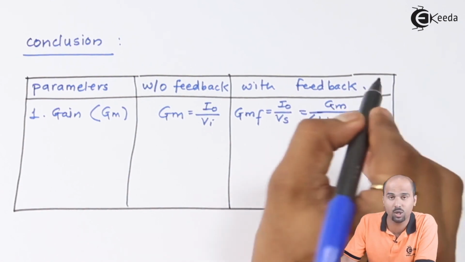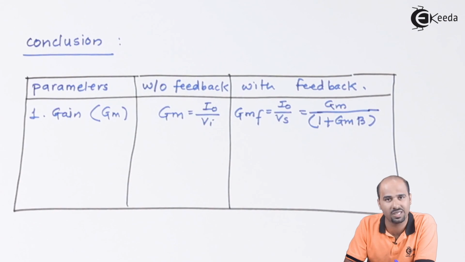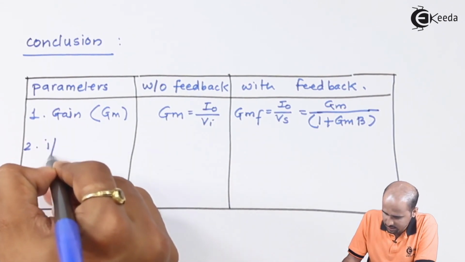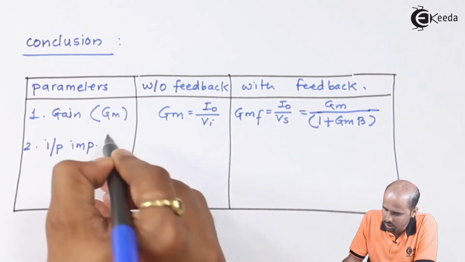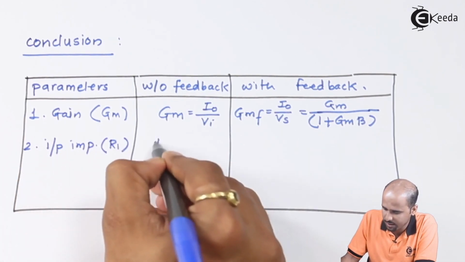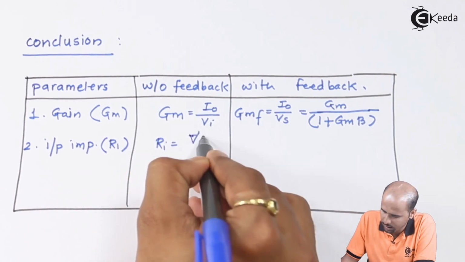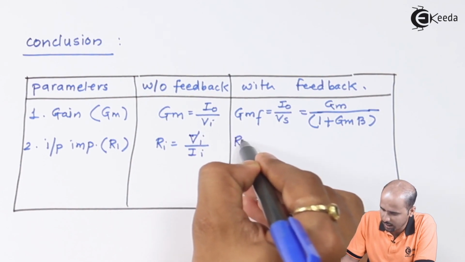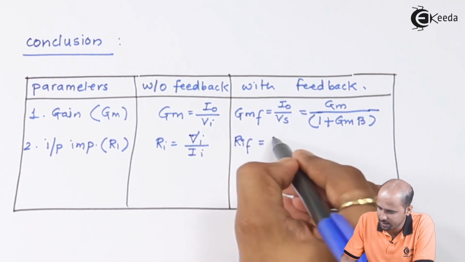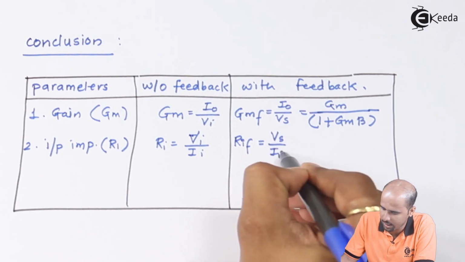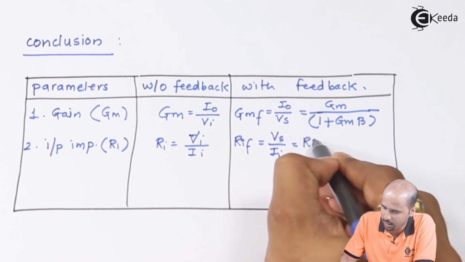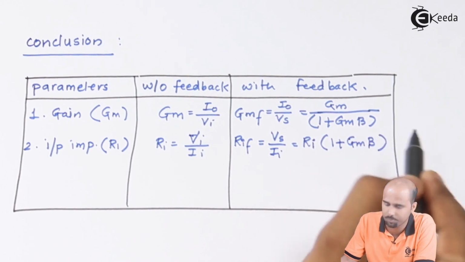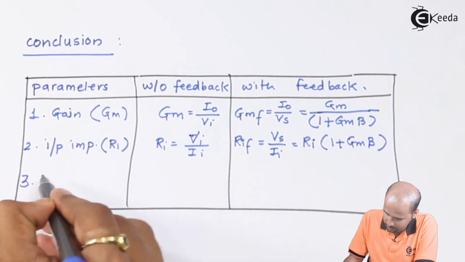That B value is also different for each and every topology. Keep this in mind. The second parameter that we have to consider is input impedance Ri, where Ri is nothing but Vi divided by Ii. Rif with feedback is Vs divided by Ii, which comes out to be Ri multiplied by 1 plus Gm into B. Clear? Third part is left.